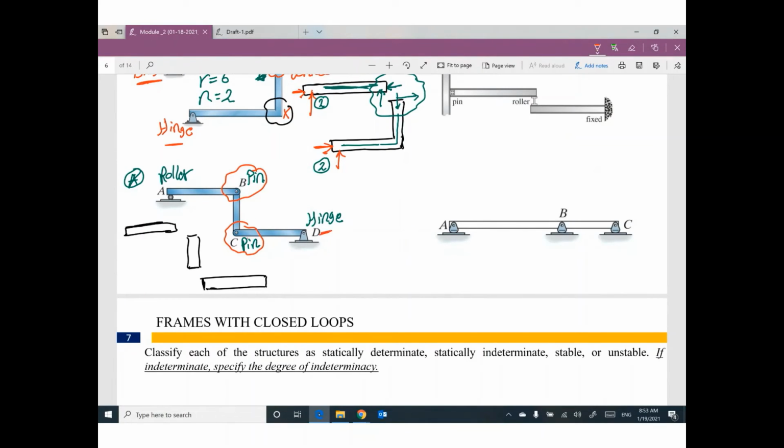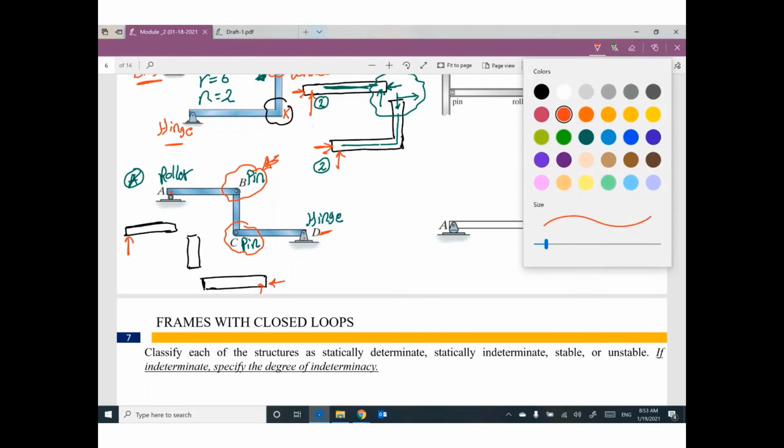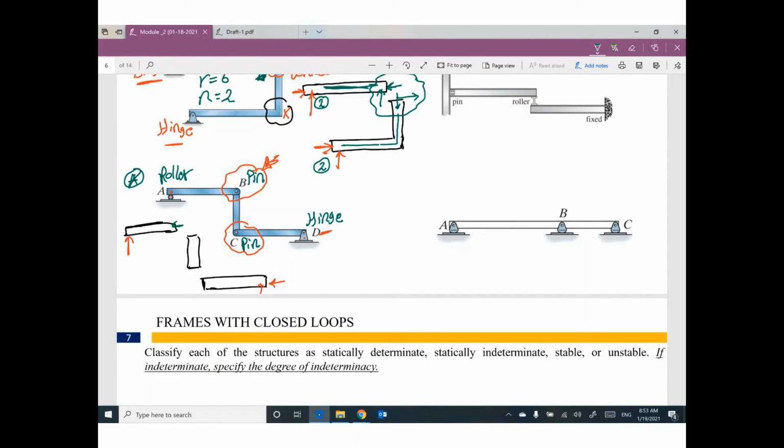This hinge will give you two reactions here. This roller will give you one reaction here. For this pin connection, we will have two reactions like this, opposite like this. So we have two only.